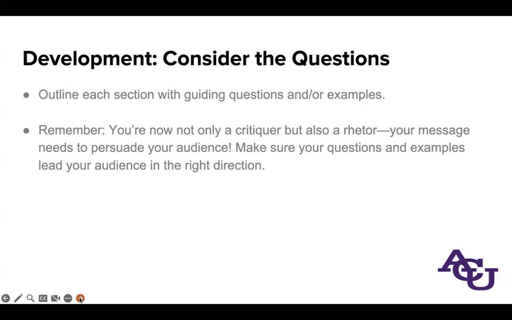Okay, last week you're a critiquer. This week, now you're sitting at the table as a rhetor. Your message that you are writing in these 2 to 3 pages needs to persuade your audience. So make sure that your questions and your examples lead your audience in the right direction.